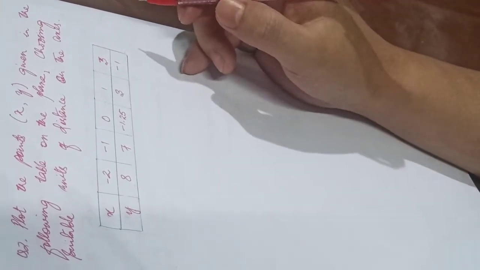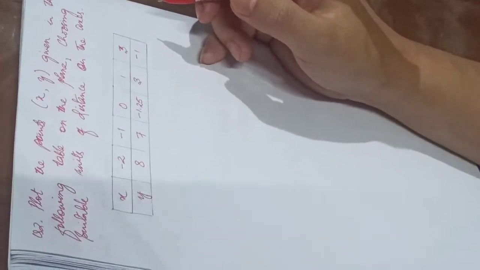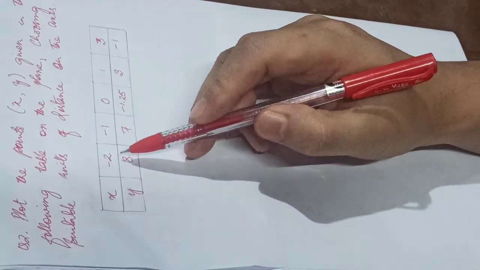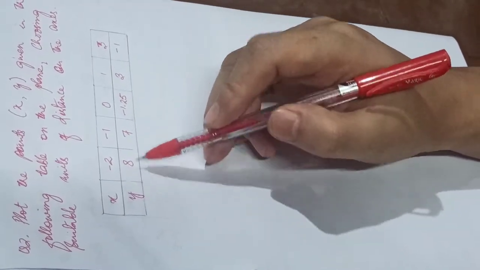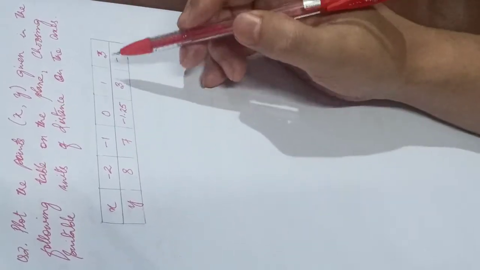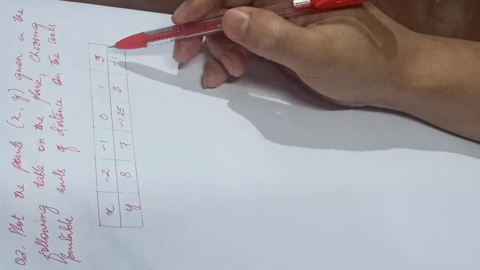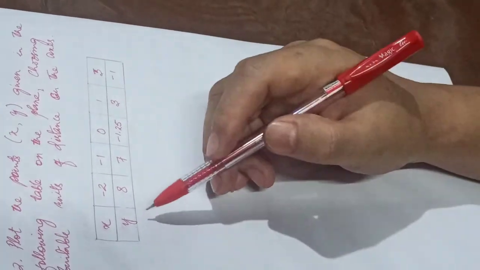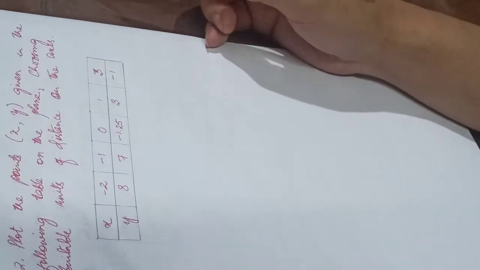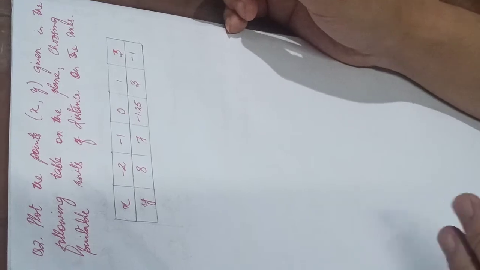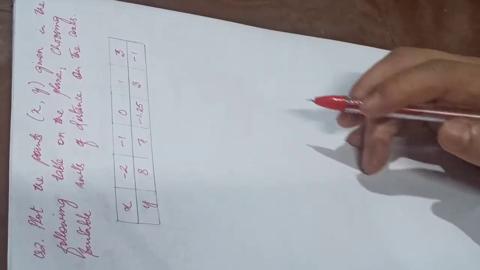So here we are asked to plot the points of x, y: x is minus 2, y is 8; minus 1, 7; 0, minus 1.25; 1, 3; 3, minus 1. We are asked to plot these points on a Cartesian plane, that is a coordinate plane or the xy plane, choosing suitable units of distance on the axis.